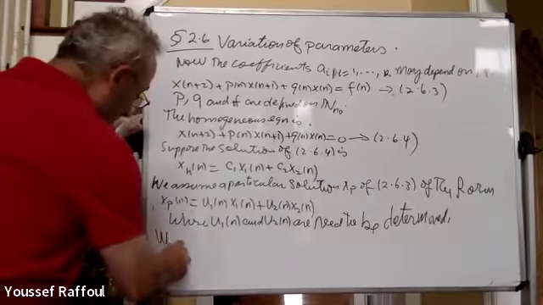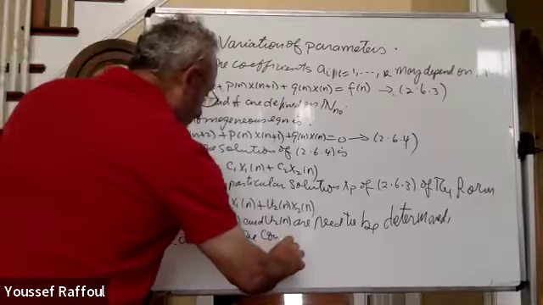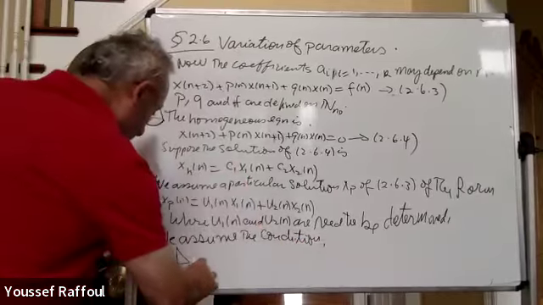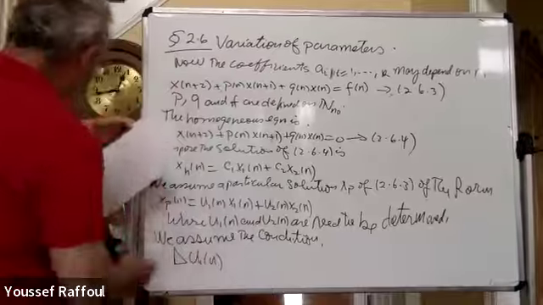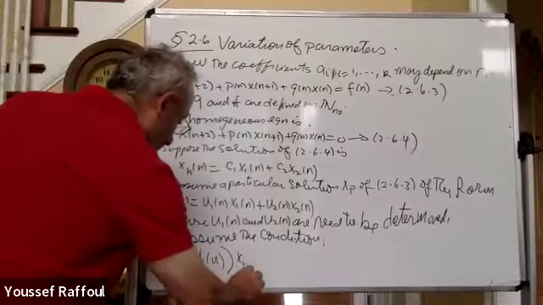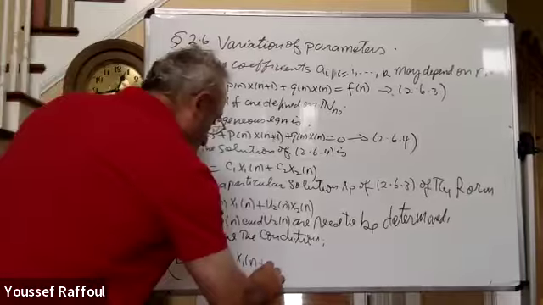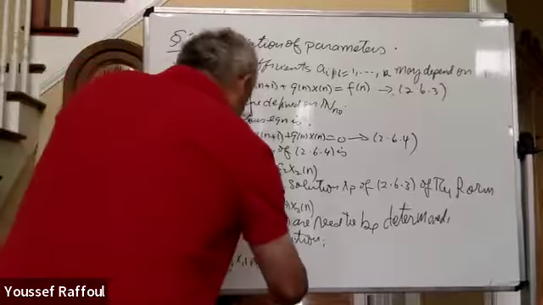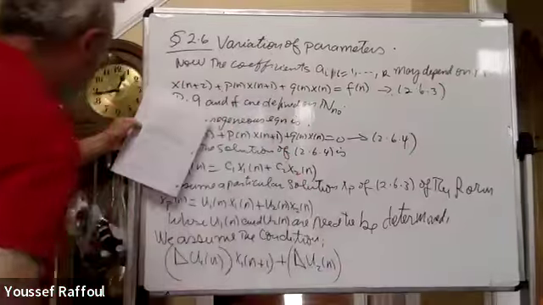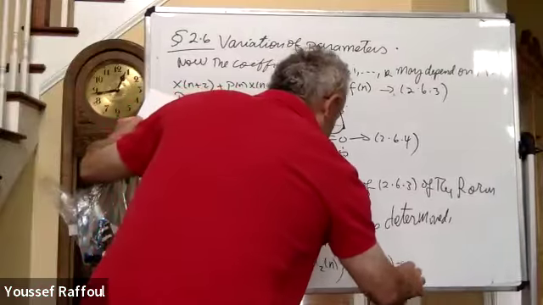We assume the condition that delta u1 of n times x1 of n plus 1 plus delta u2 of n times x2 of n plus 1 is 0.